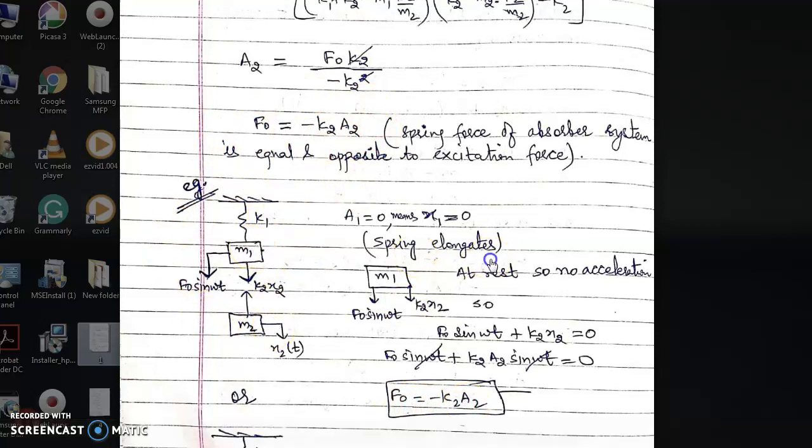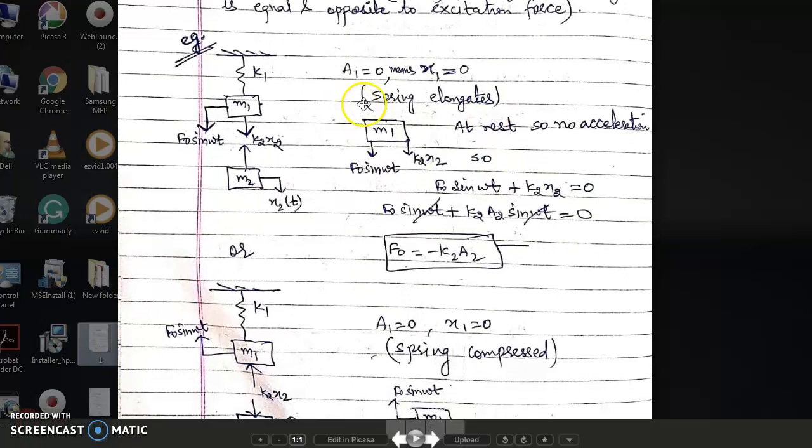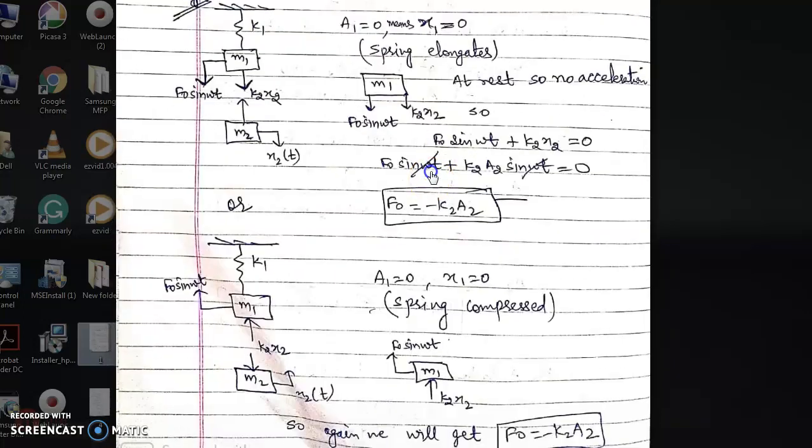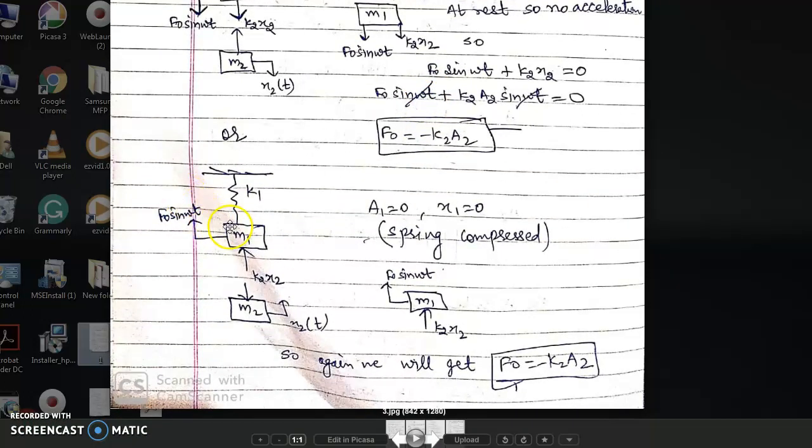One more kind of motion can satisfy this relation, F naught is equal to minus K2 A2. Suppose now my F naught sin omega t is in the upward direction. Sin omega t is plus 1 or minus 1, so I have considered some positive here and let's say negative going upward here. Now I'm assuming X2 is going upward. X1 is 0 because A1 is 0 already.